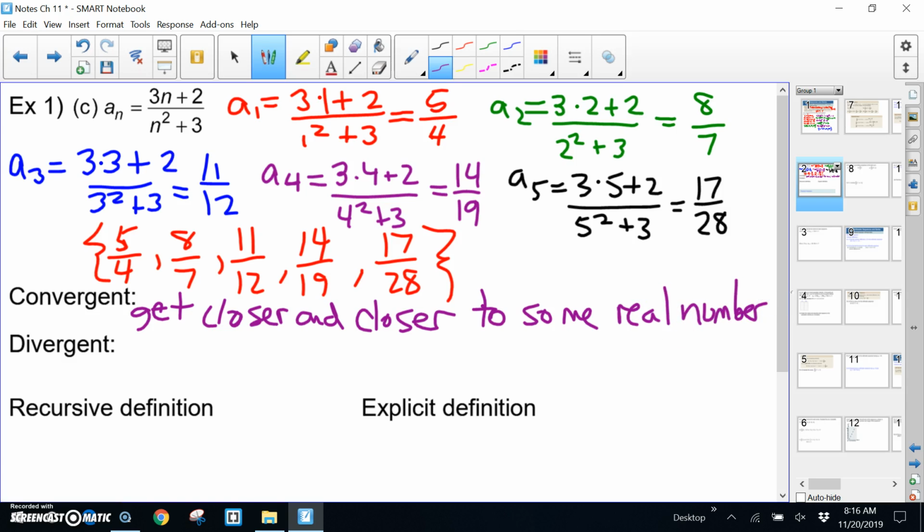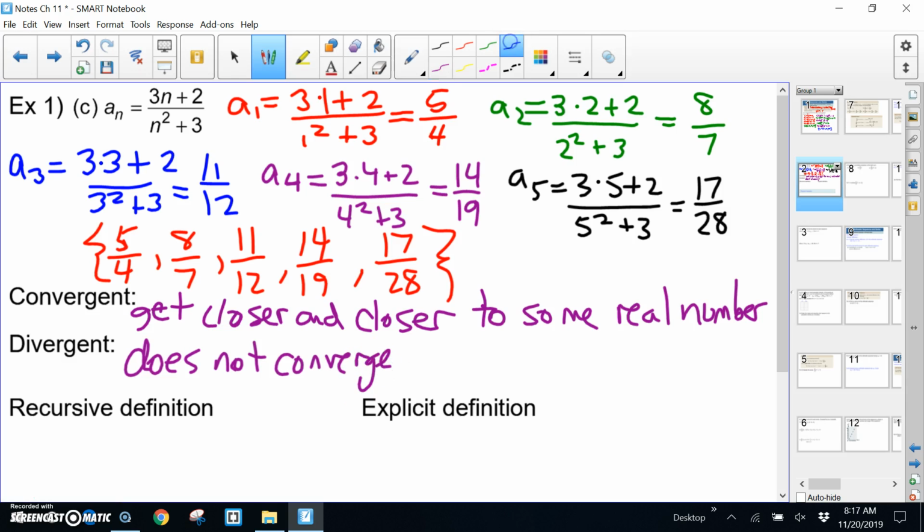And what I mean by that is as you look at the numbers in the list, the numbers are going to change. Next number, next number, next number. If those numbers are getting closer and closer to the same number, that's convergent, okay? If they don't, that's divergent. So it does not converge.